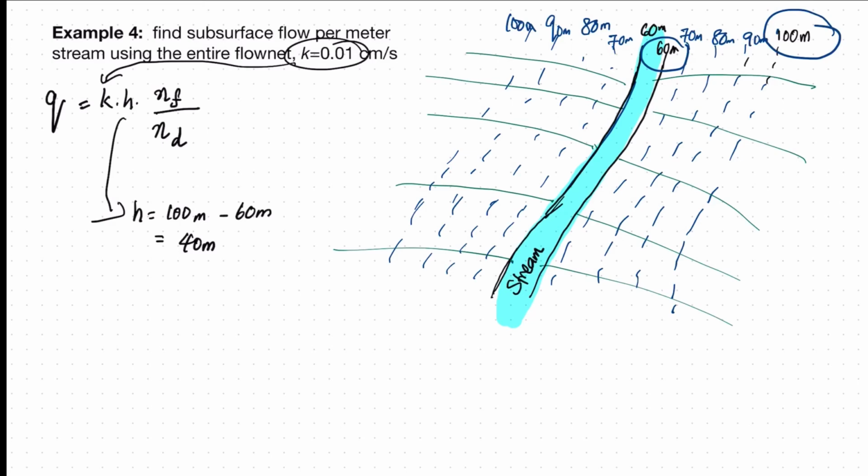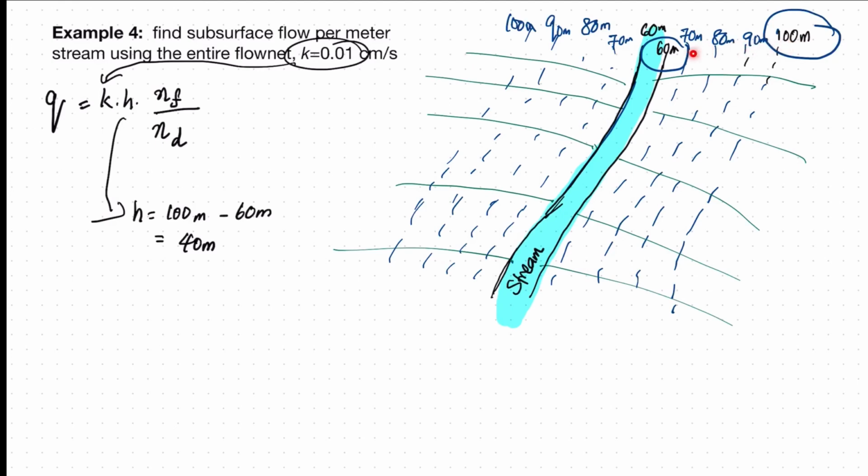Done. Then the next one is finding the number of flow channels divided by the number of drops. First of all, where is the flow line? It's easier: this is 100 meters and 90 meters is a drop.